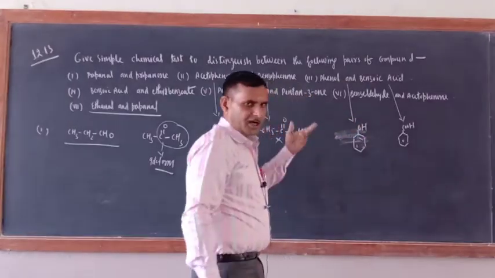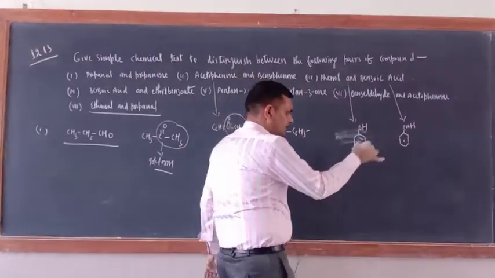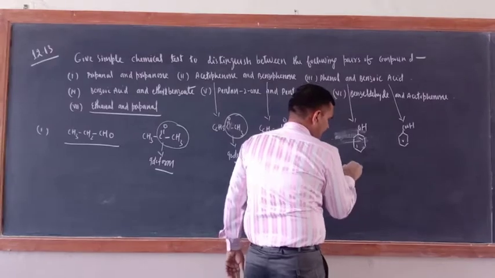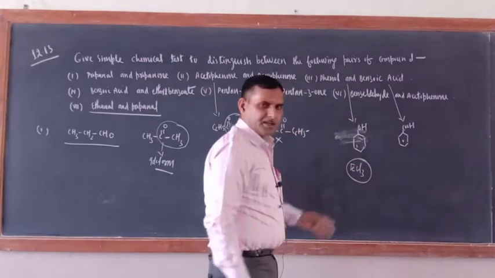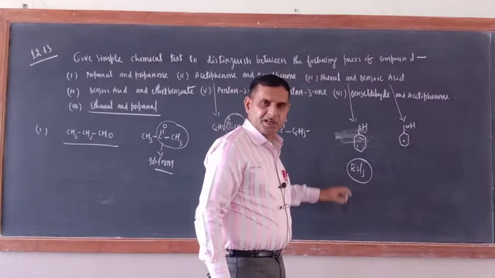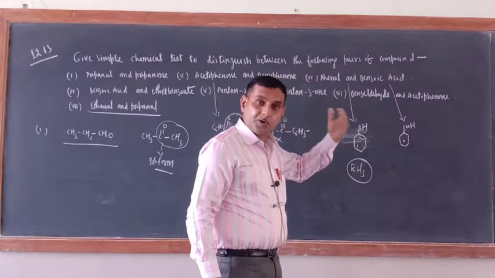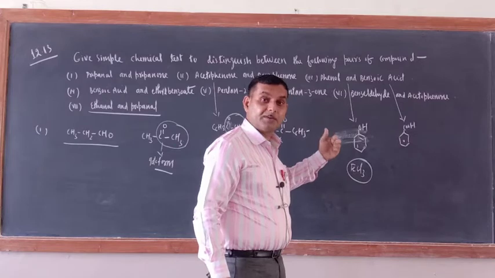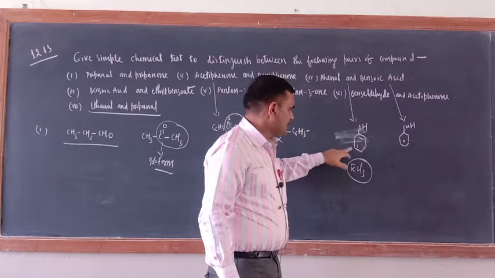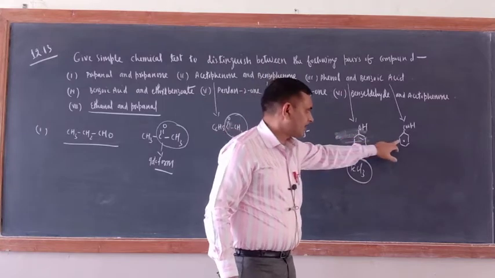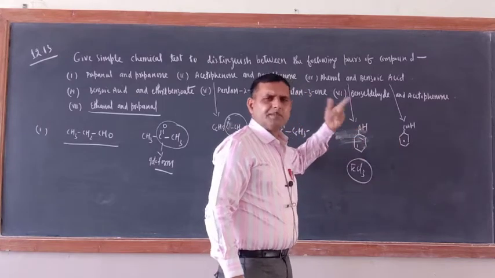Now there are two tests. You can distinguish with the help of the FeCl3 test. Many times I told you, even before your pre-board exam, one video I have given, and in that video I also wrote the complete reaction. So phenol will give the FeCl3 test, but benzoic acid will not give. Now there are more simple reactions.